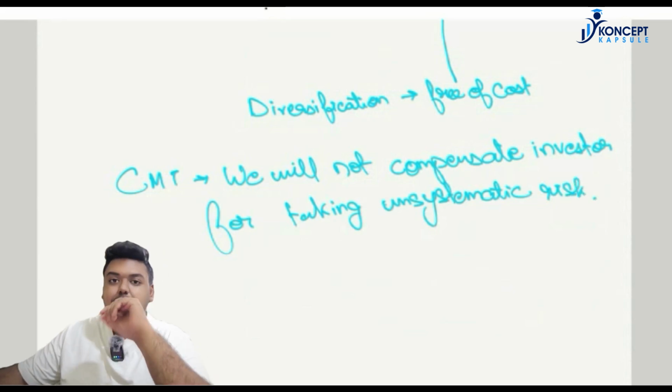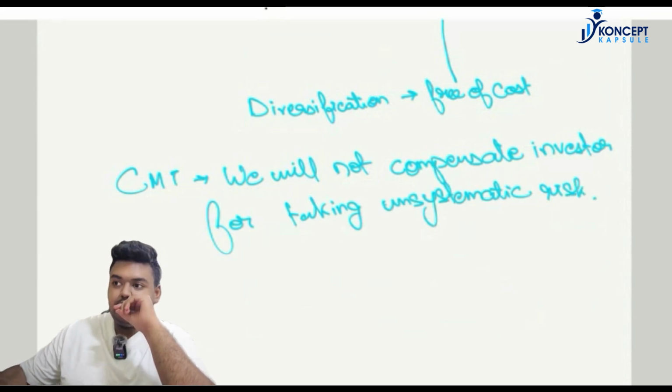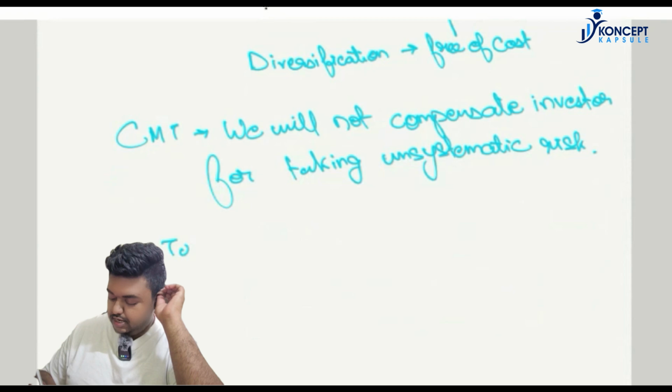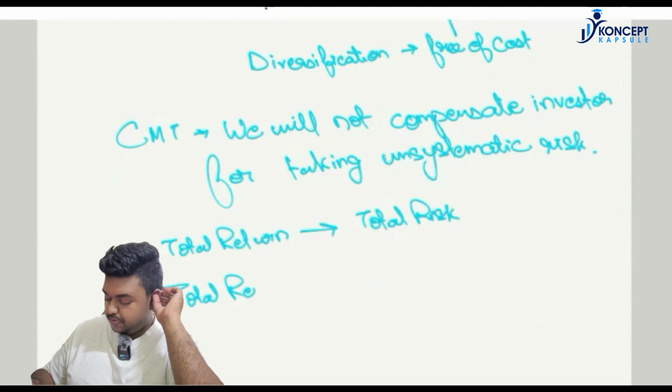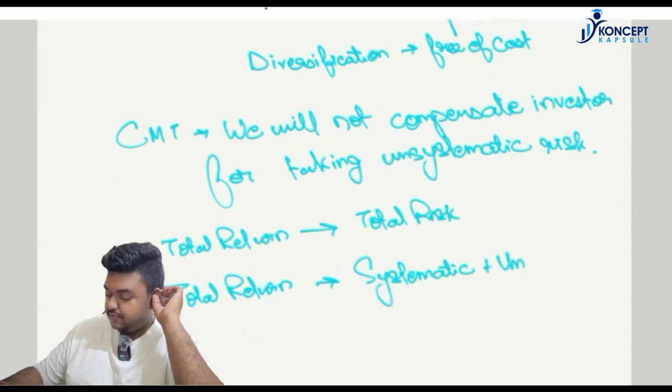So, what is its implication? If total returns are based on total risk, then eventually total return is based on nothing but systematic and unsystematic risk, correct?